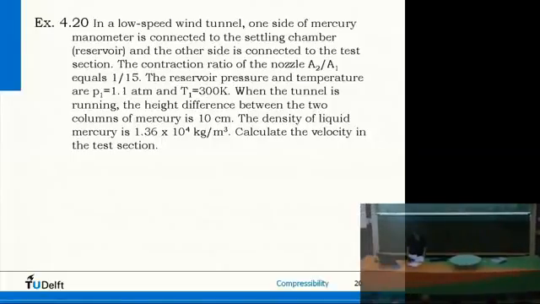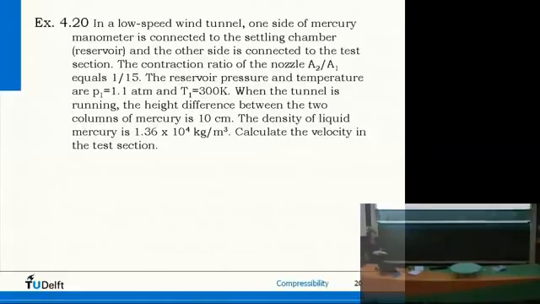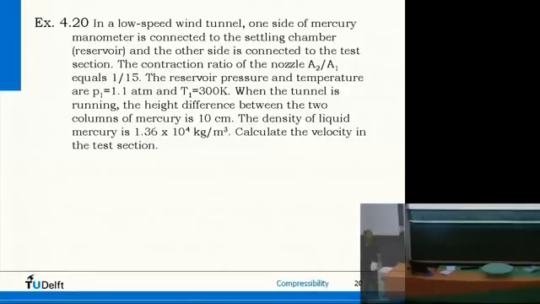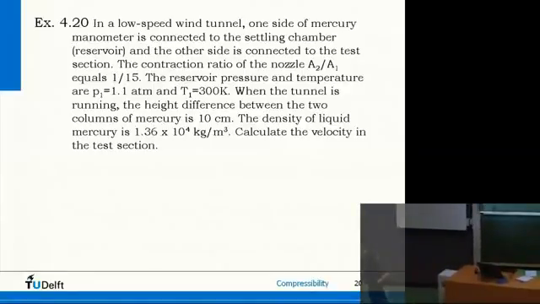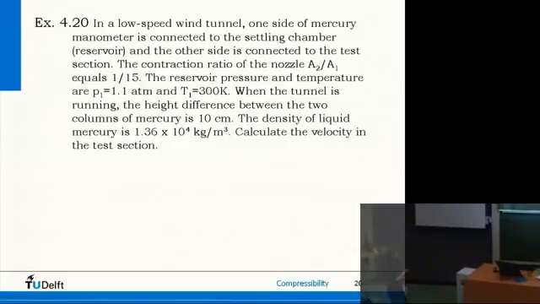and that's example 4.20. In a low-speed wind tunnel, we put a manometer, actually a mercury manometer, and we connect it to the settling chamber, the reservoir, and the other side we connect it to the test section. The contraction ratio of the nozzle is given, 1/15, so that's the area ratio.